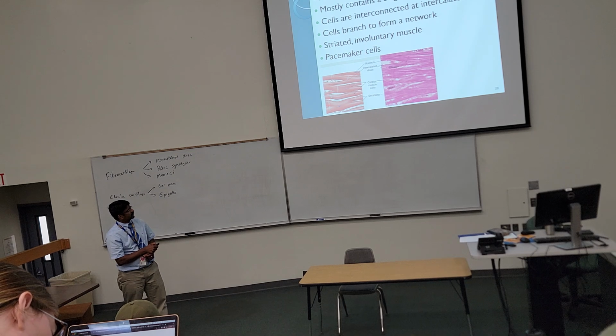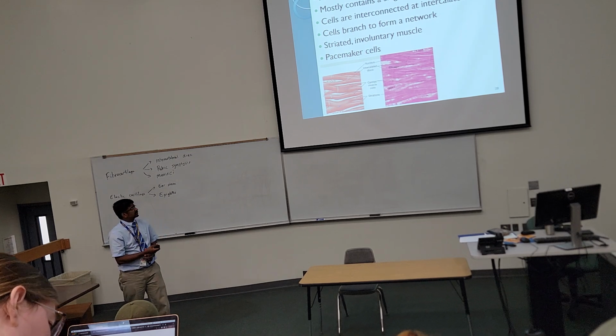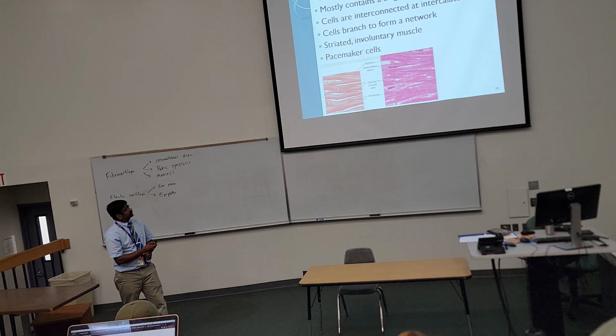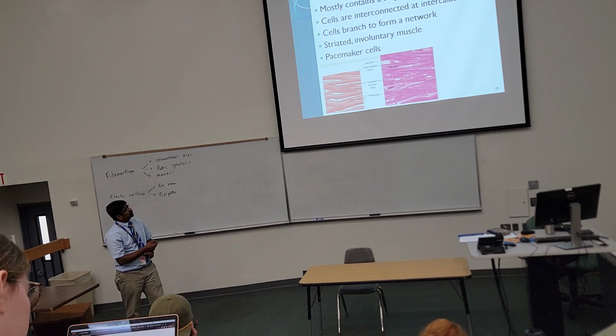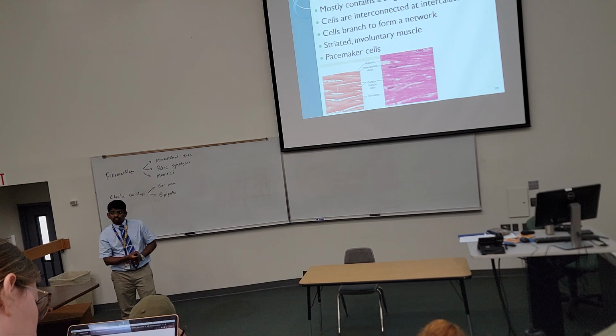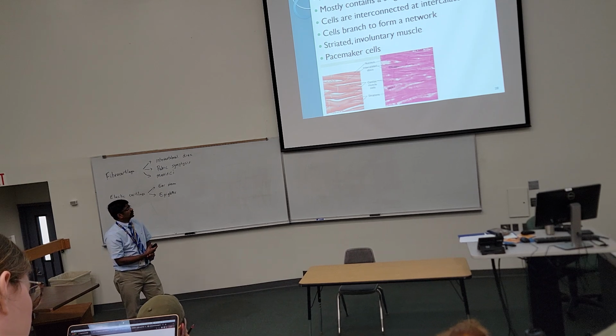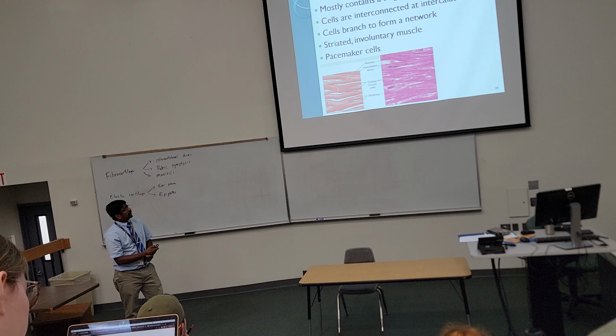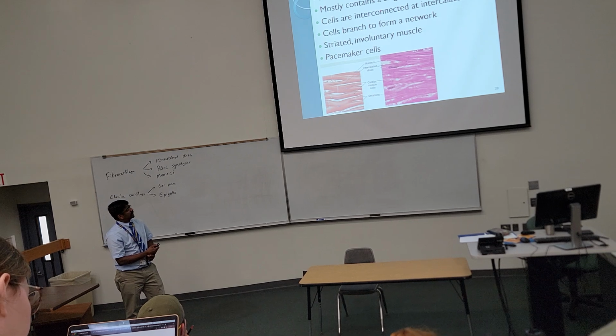It's kind of spreading. Only cardiac muscle cells are branched. I'll talk about intercalated discs in a second. But again, mostly they contain single nuclei, and some of them do contain 2. They're branched, they're involuntary, they are striated.